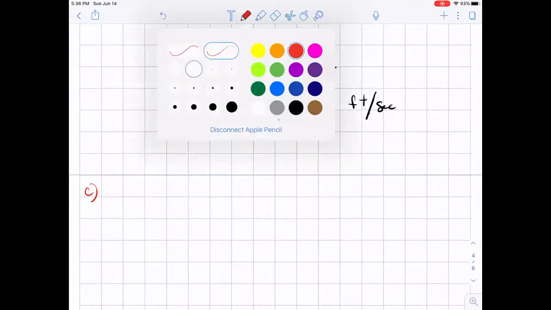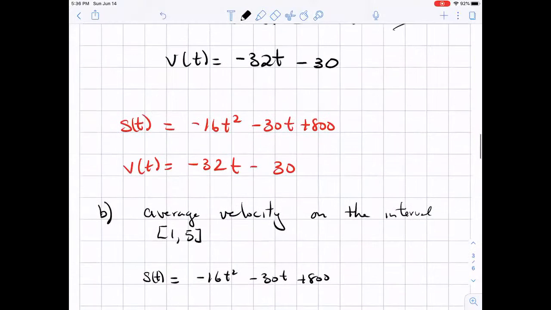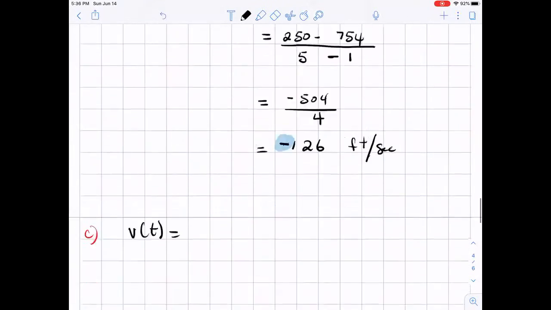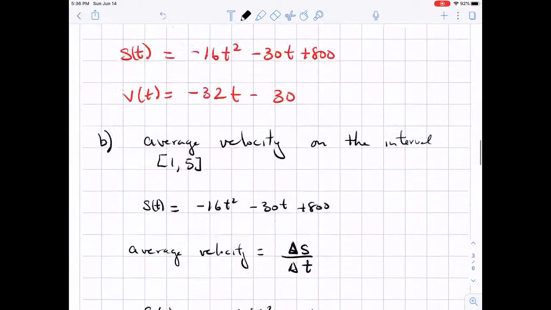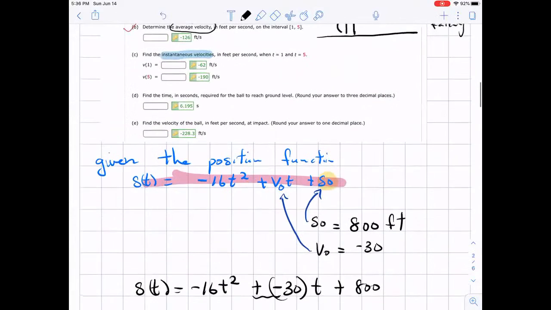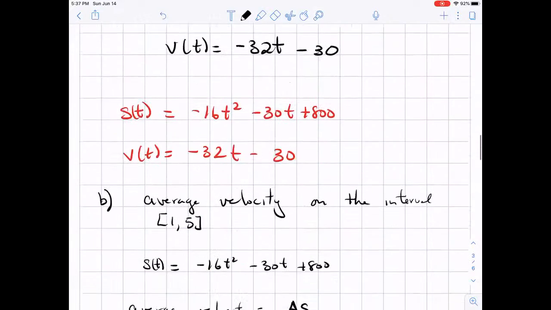V of t, when we found it, is minus 32t minus 30. And your question is asking you for v of 1 and v of 5. When t is equal to 1 and t is equal to 5.